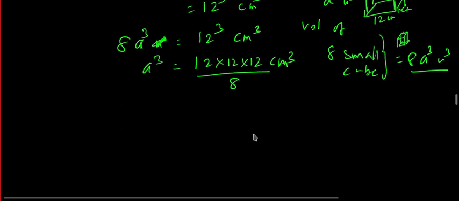So a cube equals, if we simplify, 4 2s are 8, 6 2s are 12.